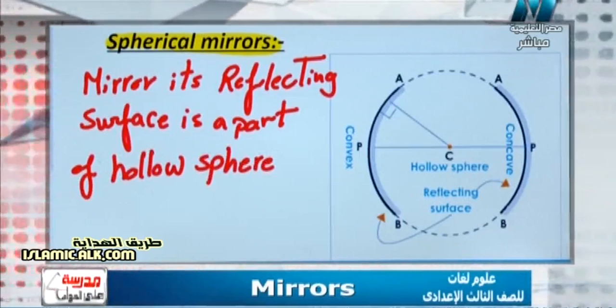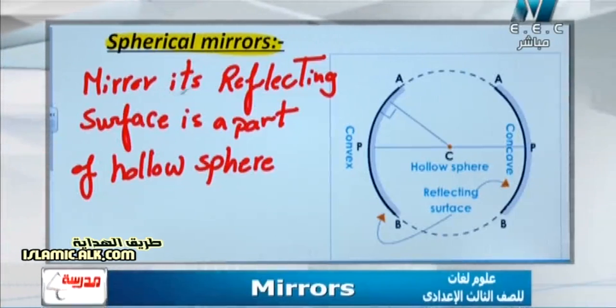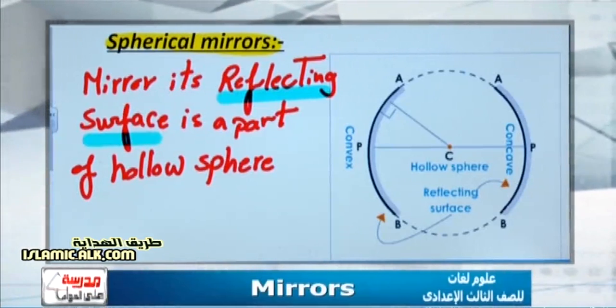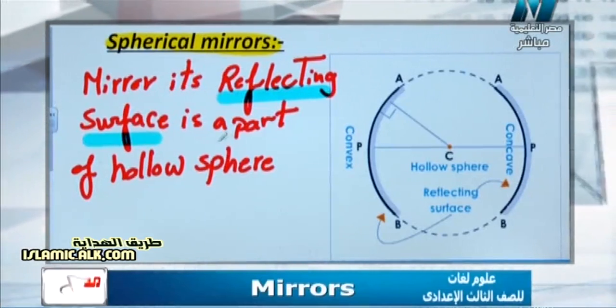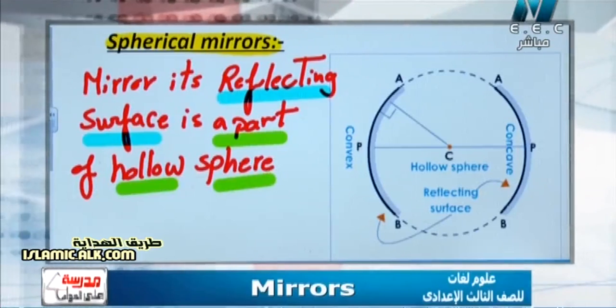So here we have to define what is meant by a spherical mirror. Mirror, its reflecting surface, what do I say? It is a part of a hollow sphere. The word hollow means empty sphere.